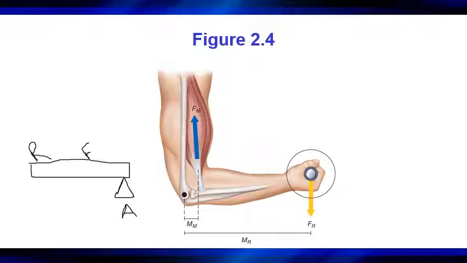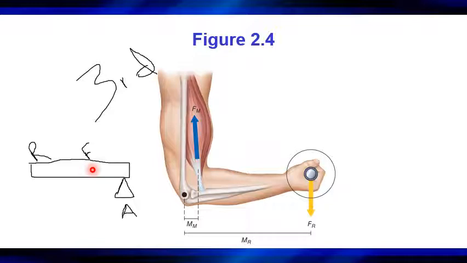So it's a third class. Again, your mechanical advantage is always less than 1. Your force arm is here, this is where you're applying your force, and your resistance arm is here. So the mechanical advantage is always less than 1.